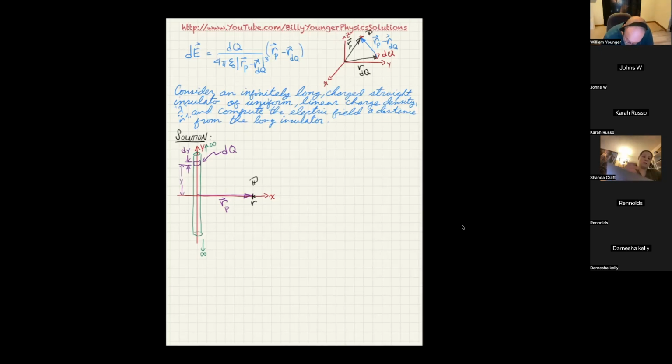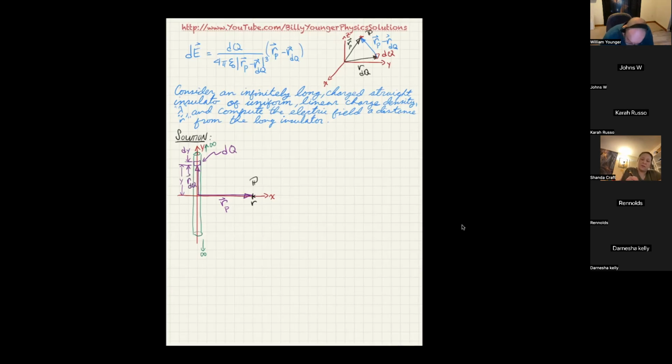So that will help me not only identify what dq is going to be in terms of lambda dl, sigma dA, or rho dv, it'll also help me figure out what r_dq is. So if I draw a vector from the origin to the little bit of charge dq, that would be this vector right here, which is r_dq.